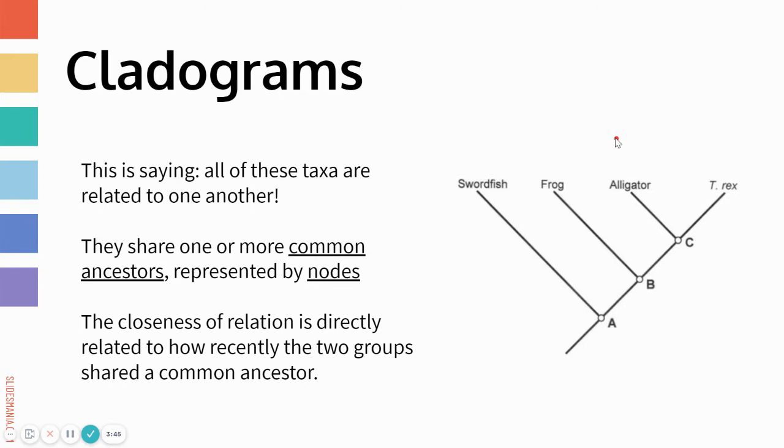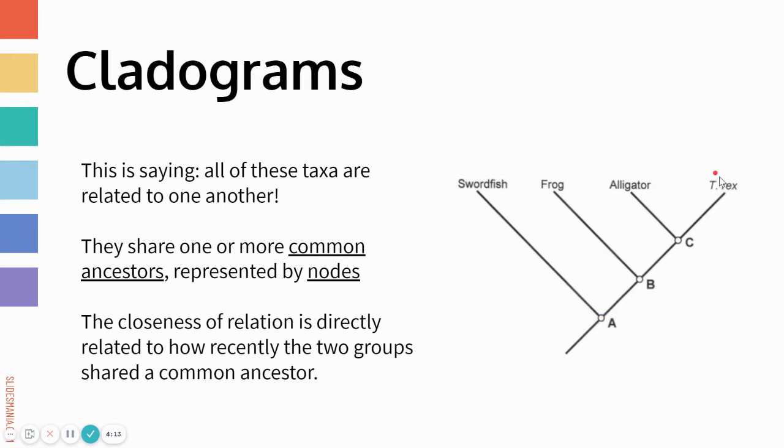So two organisms, if you're looking at a cladogram like this, are going to be more closely related if they shared a common ancestor more recently. So let's compare an alligator and a T-Rex. We can see that they shared a common ancestor at C, but if we wanted to find the common ancestor of alligator and a swordfish, we have to trace the line all the way back to A. And at point A, then we can draw a line to swordfish and we can draw a line to alligator.